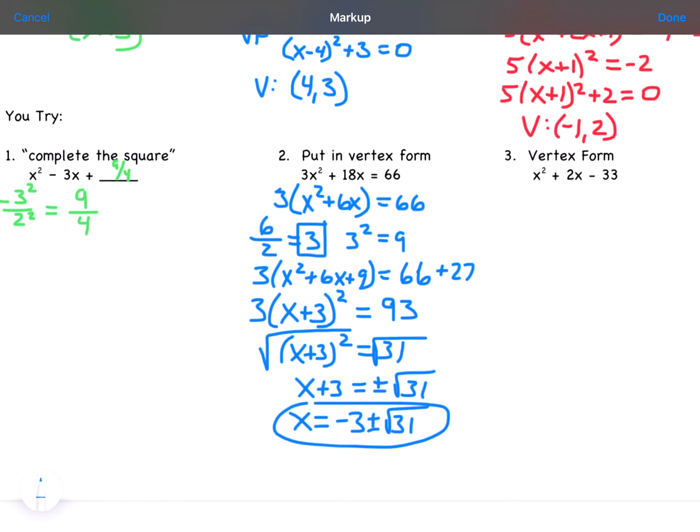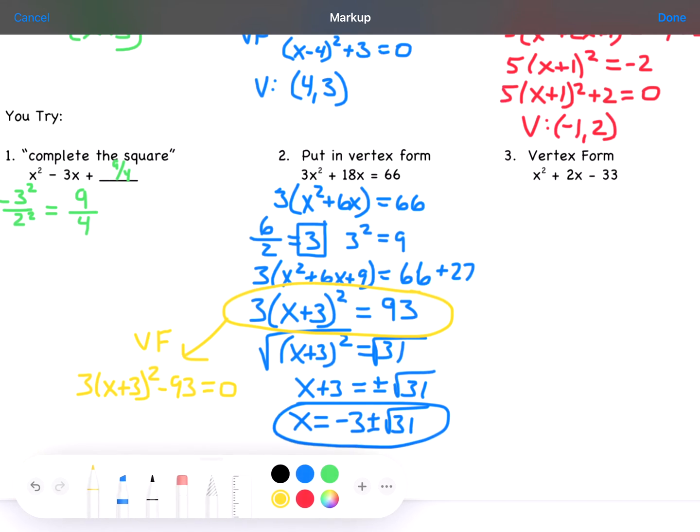That would be our two roots of x, negative 3 plus or minus the square root of 31. Now, going back to here and finishing out the vertex form, it just means we bring the 93 over. So it would be 3 times the quantity x plus 3 squared minus 93 equals 0. So this is vertex form right there.